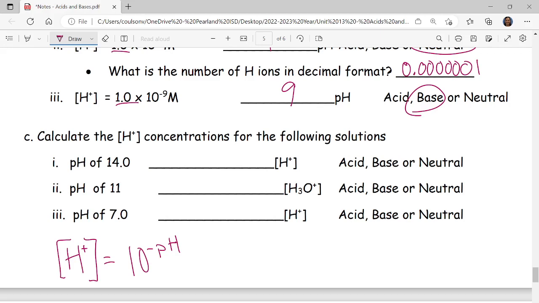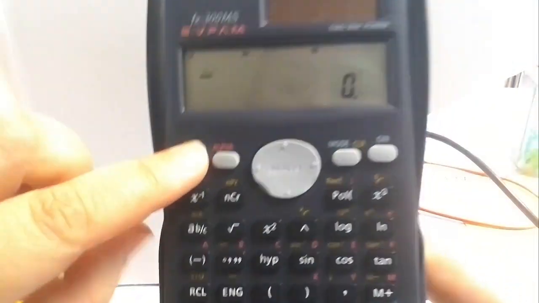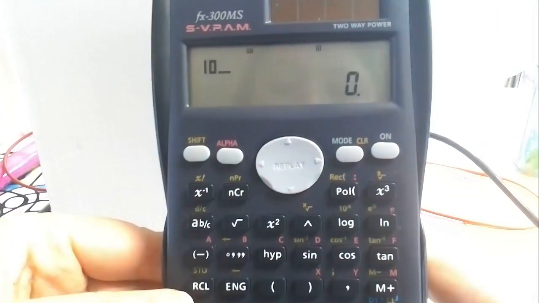figures. So what I mean by that is in this first example, if the pH is 14, if I wanted to plug this into my calculator and do the hydrogen ion concentration of 10 to the power of negative pH, on the calculator you can just type in shift log, and that puts 10 to the power of something.